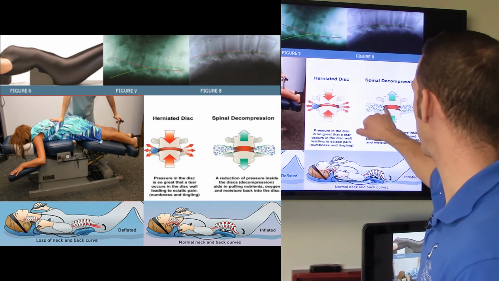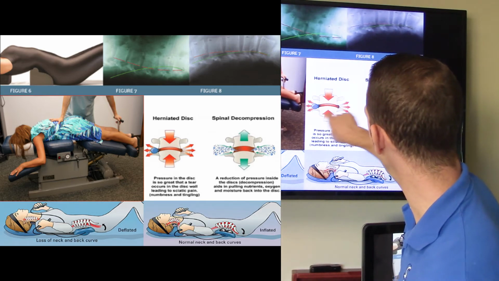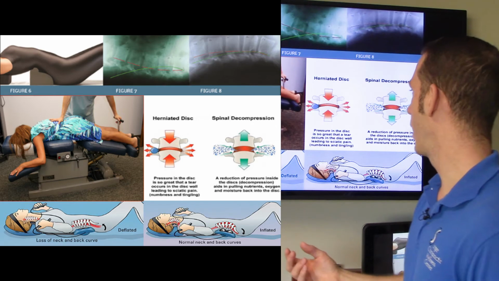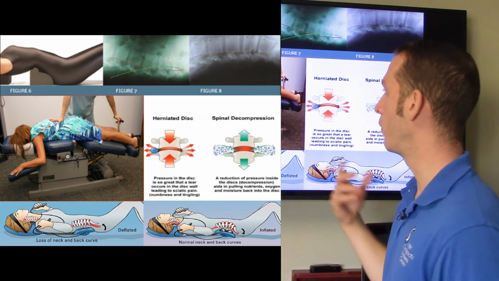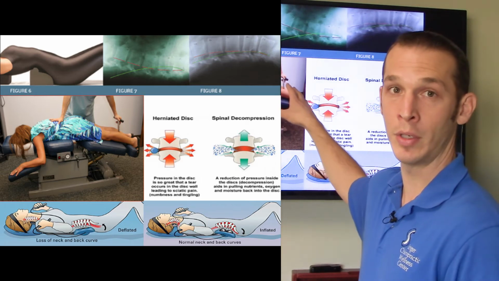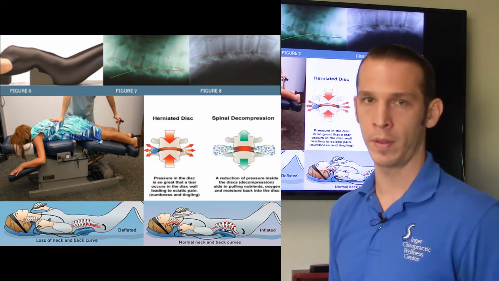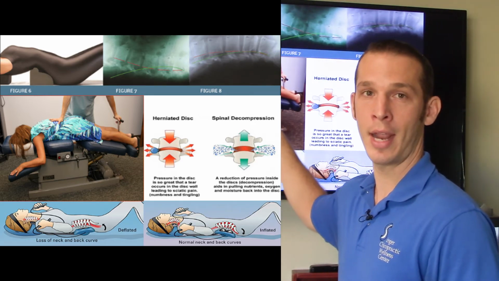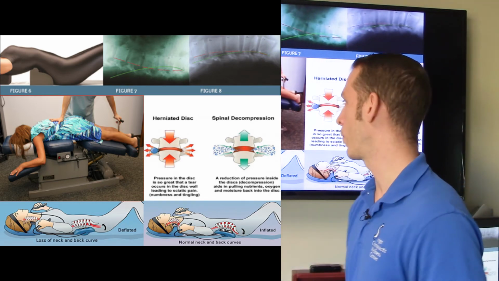So a reduction, creating a negative pressure, allowing the contents of the material to start to go back into where it's supposed to be, okay? As opposed to being compressed out and pinching off the nerves which are going into those areas. So that's one of the things that we do particularly, and it's very, very effective at helping people with lower back pain. This would be contraindicated if somebody had a muscle tear in their lower back, but that's something that we would screen for before that.